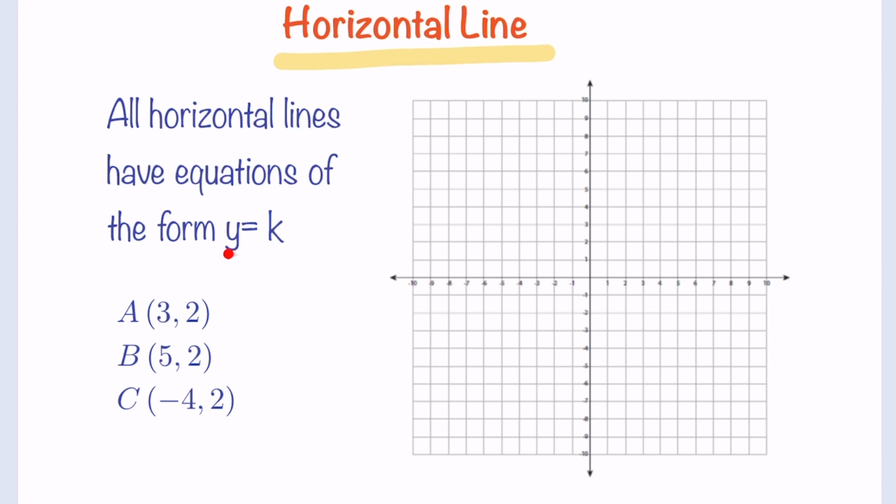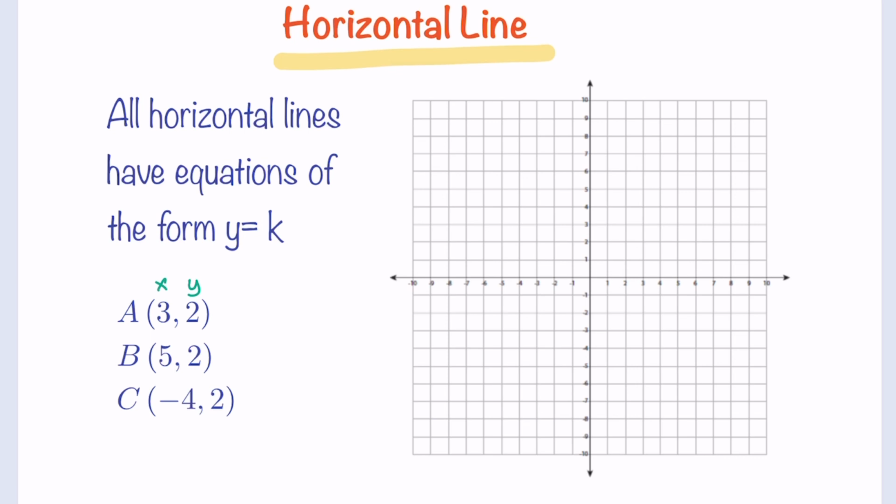Here, y, we're talking about the y coordinate, such as the 2 right here. K indicates any number. So for example, if I have a coordinate (3, 2) and this is point A, my x coordinate is 3 and my y coordinate is 2.